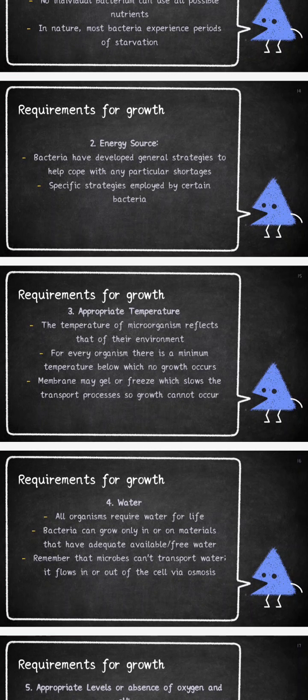At optimum temperature, growth is at its most rapid. Once above the maximum temperature, cellular components denature, meaning that growth can't occur. The minimum, optimal, and maximum temperatures are called cardinal temperatures.